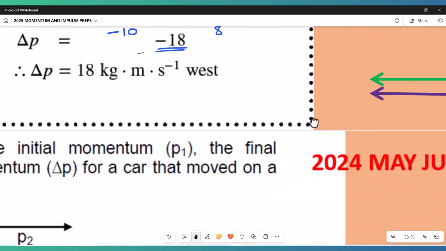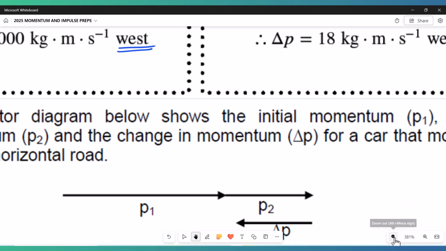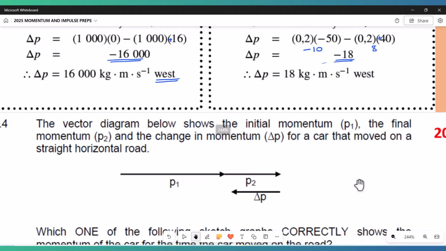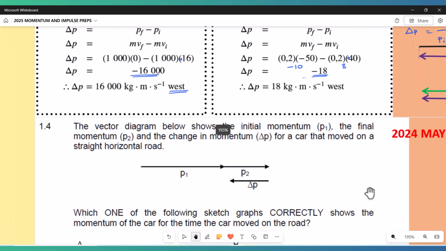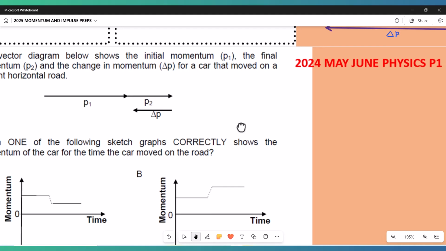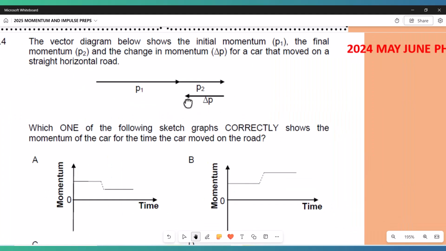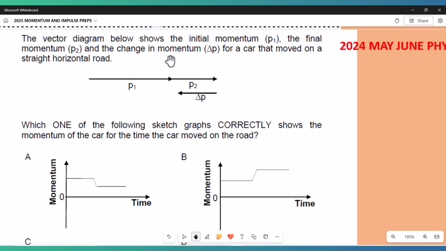Another example here. Now this question came last year, 2024, in May, June. So if you're writing May, June, pay attention. You can see it here. They said that the vector diagram below shows the initial momentum P1, the final momentum P2, and the change in the momentum, that's delta P, for a car that moved on a straight horizontal road.